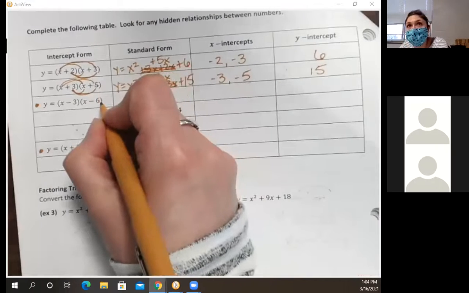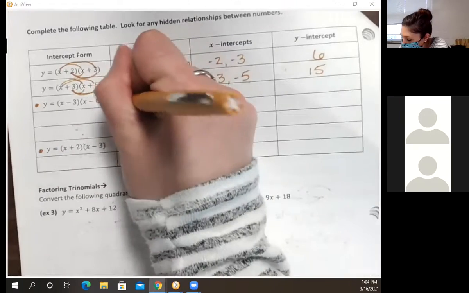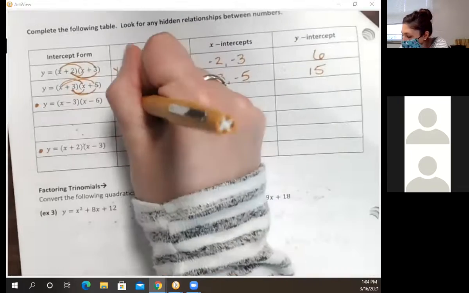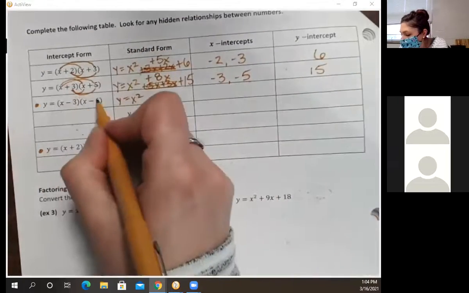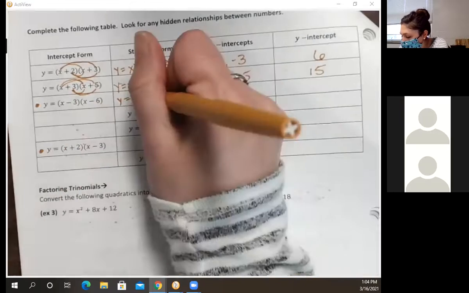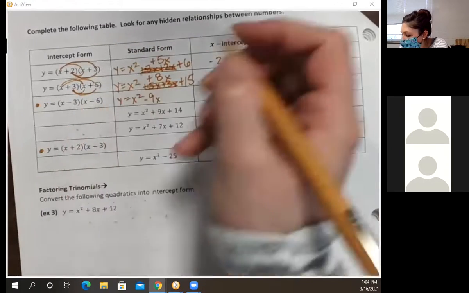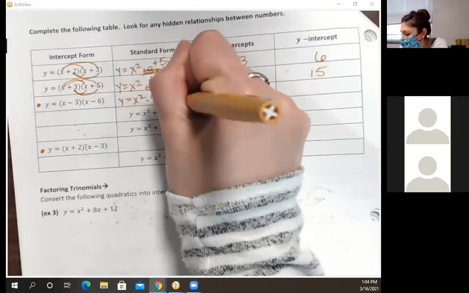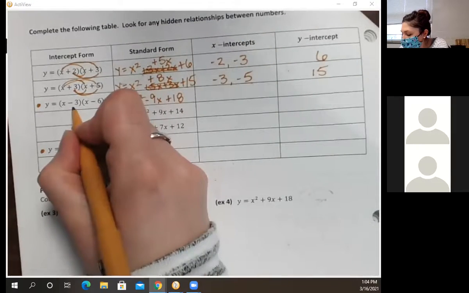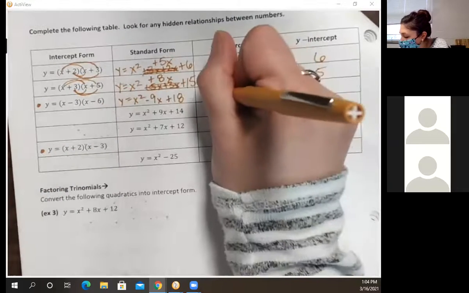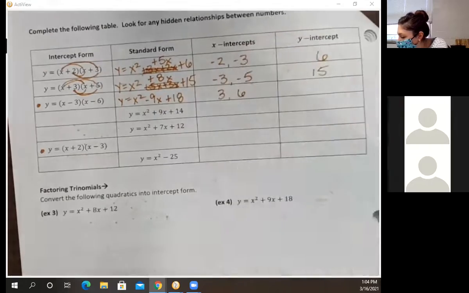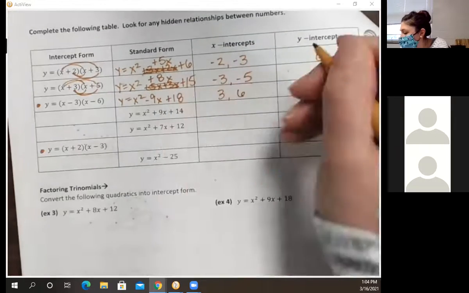For our third function here that I distribute, I would get x squared minus 6x minus 3x, so that would be minus 9x, and then plus 18. Our x-intercepts are positive 3 and positive 6. Our y-intercept is 18.